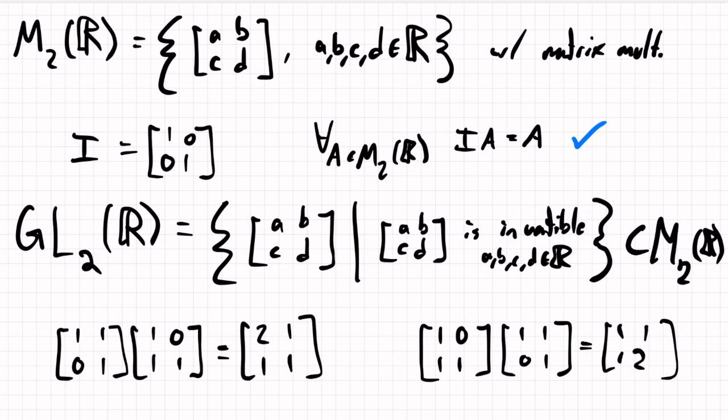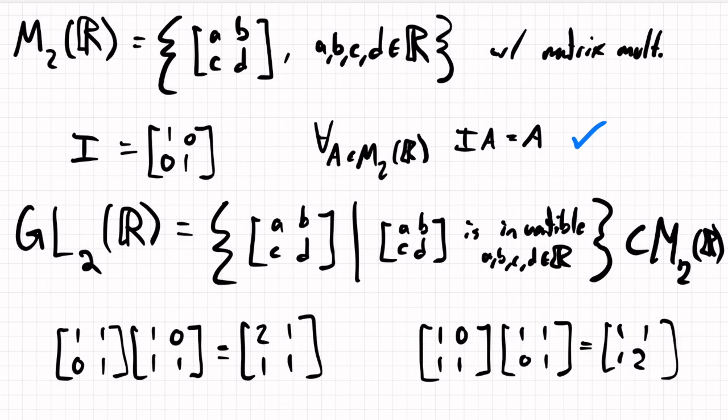So we have matrices here, and all of these are invertible. If you want, I can check their determinants. This is 1, determinant 1 minus 0 is equal to 1. This one also has determinant 1. If I say 2 times 1 minus 1 times 1, this will also be determinant 1, right?